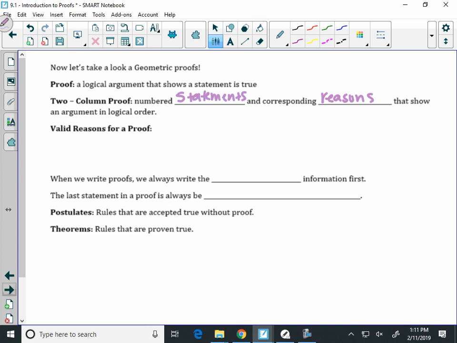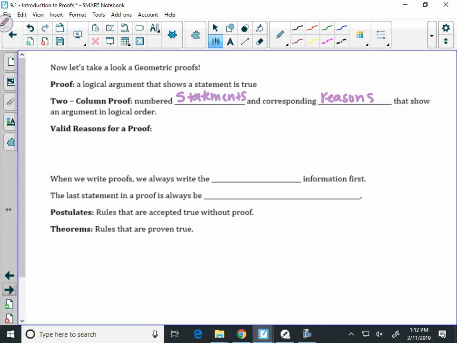It has to be in logical order. So sometimes you have to write a certain step at a certain time. Okay? So essentially what you're doing is taking given information and you have to prove why it's true. Okay? And your statements are your argument why it's true, and your reasons are backing up that statement. Yes.